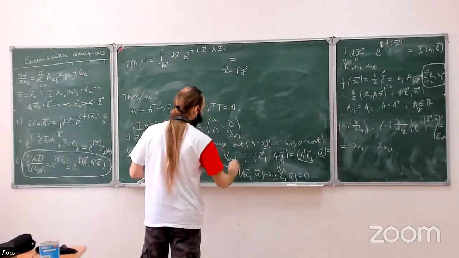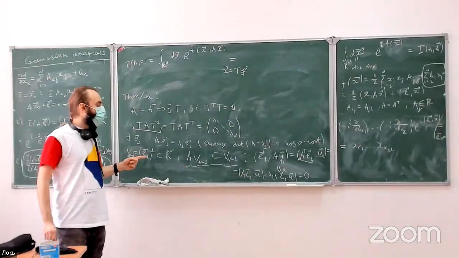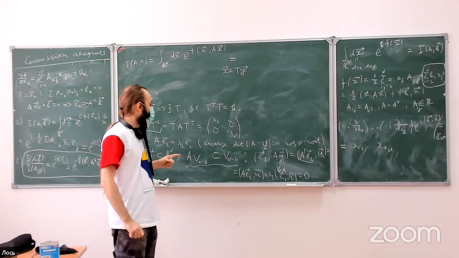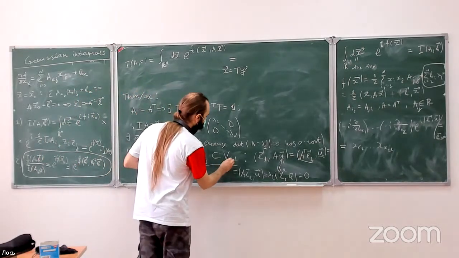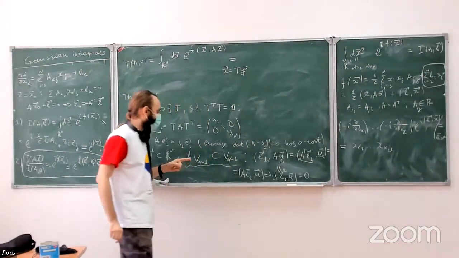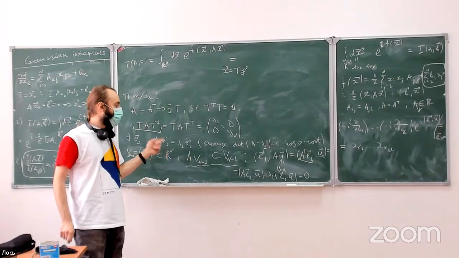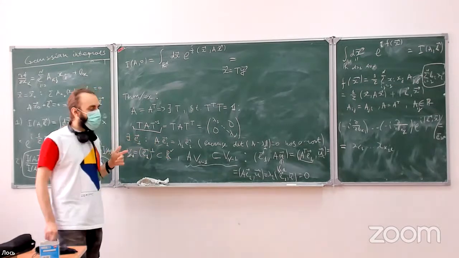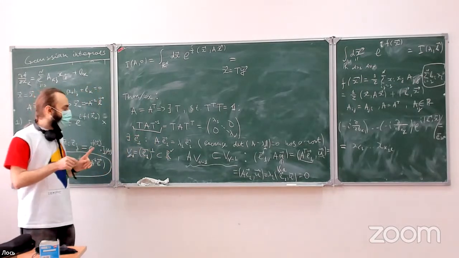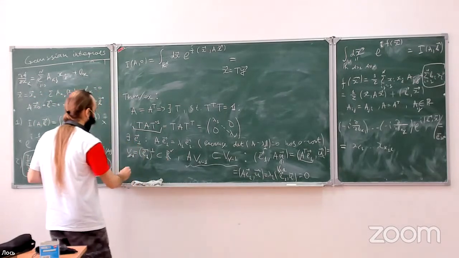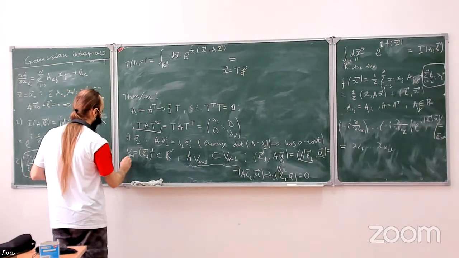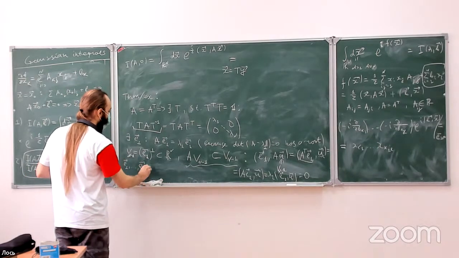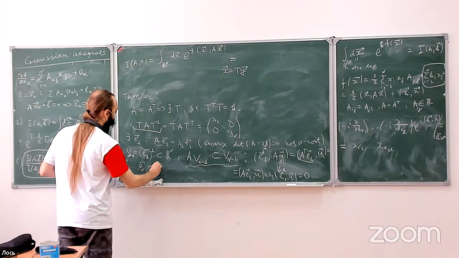So we check that this space is invariant with respect to A, and so we can consider the restriction of A to this subspace, find another eigenvector there, and so on, and we end up with n vectors E1, and so on, En, so that they are orthogonal.